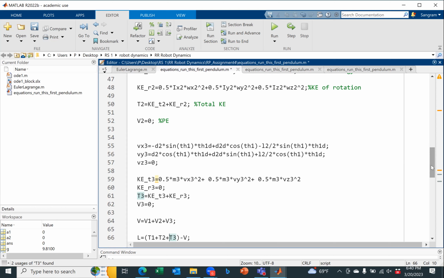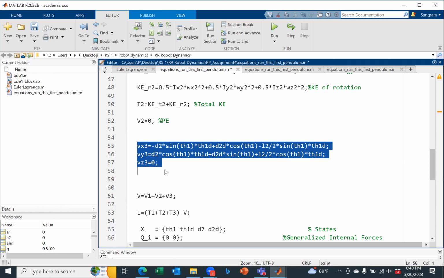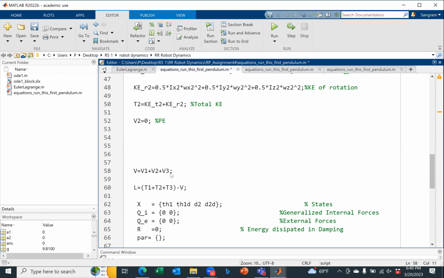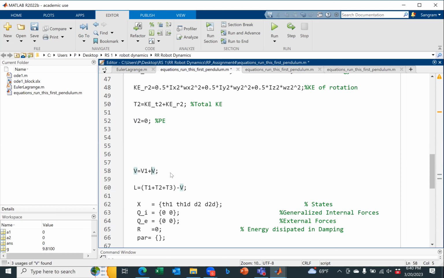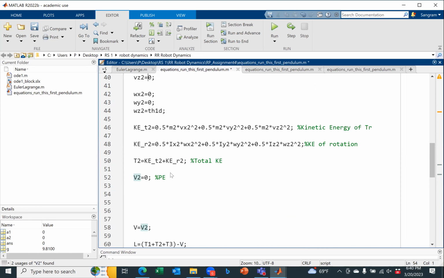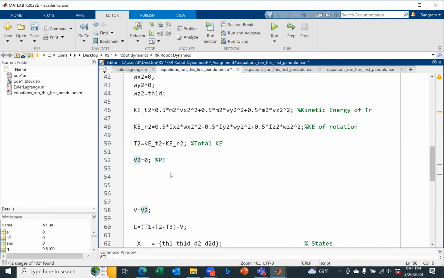So this problem would actually look like something like this. This problem would go away. This would go away. It will be just V2. So Vx1, Vy1, and then that will go away.